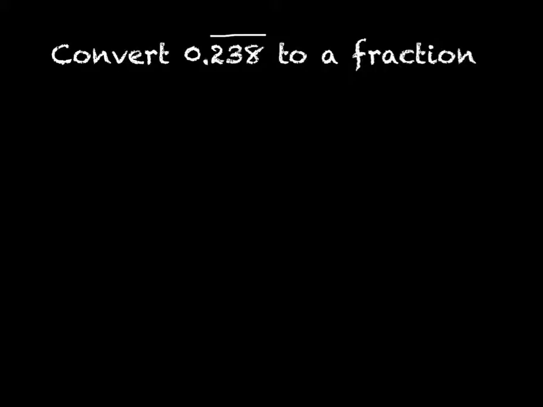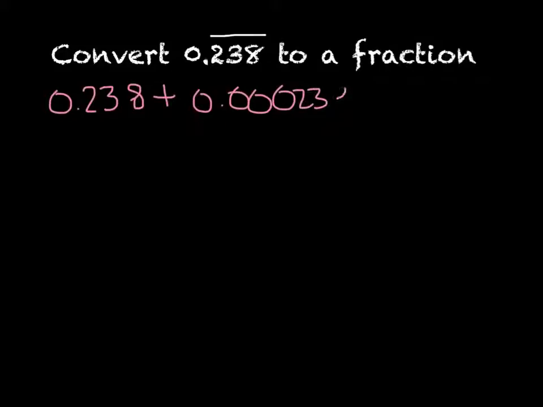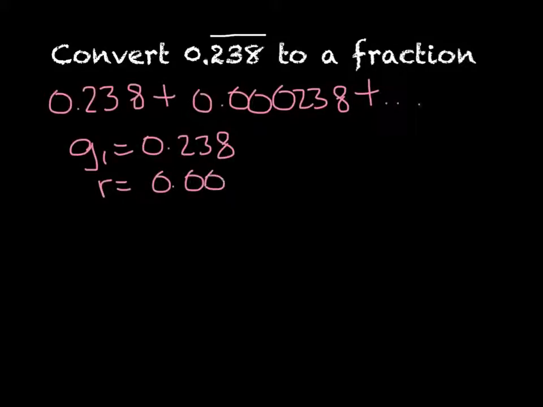Here we want to convert a repeating decimal into a fraction. The way we do this is we write our repeating decimal as a geometric series. And from looking at these first few terms, we can see that G1 equals 0.238 and r equals 0.001.